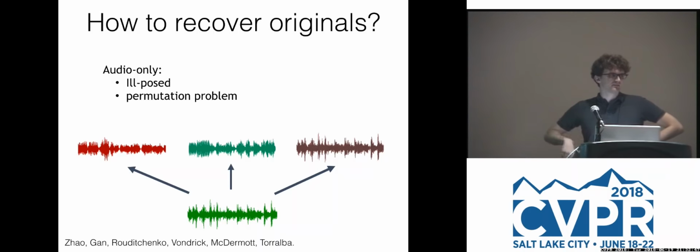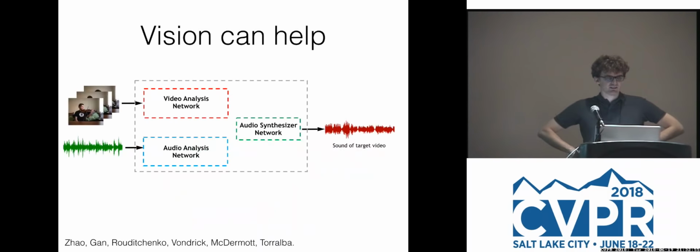This problem by itself is ill-posed. There's many possible ways you could try to separate these into different sources. And so what we think is that vision can come to the rescue and make this problem more well-defined. So what we're going to design is a model that is going to take in both the video clip and the jumbled sound, shown in green here, and it's going to try to recover just the sound coming from that clip, right?